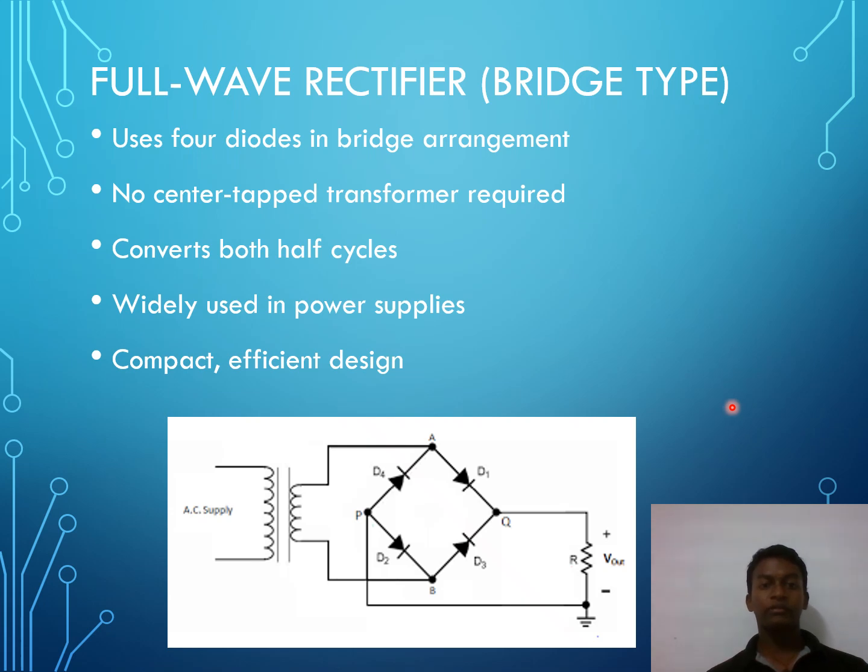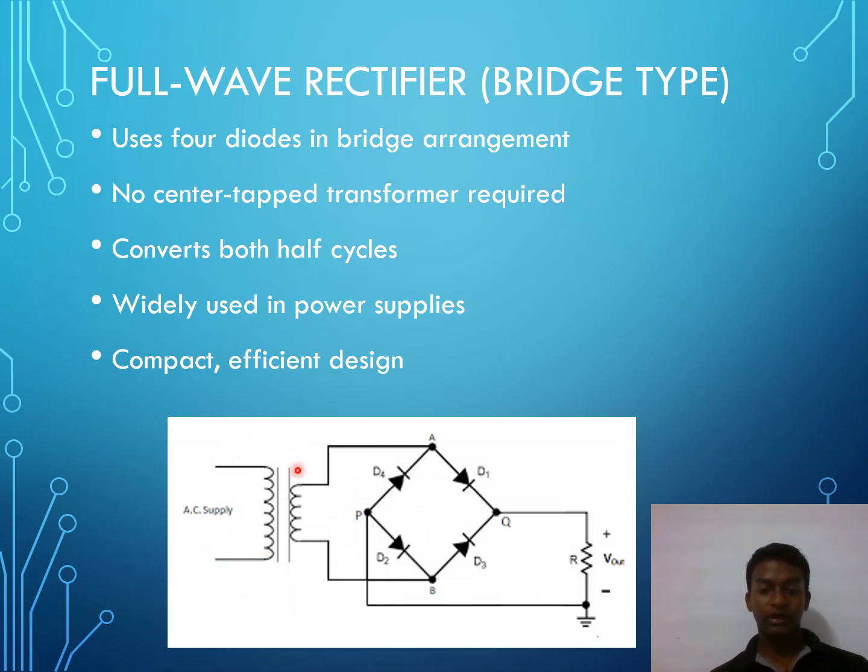Now we will be looking into the full wave rectifier, bridge type. The bridge rectifier is one of the most common rectifier circuits. It uses four diodes arranged in a bridge configuration. During the positive half cycle, two diodes conduct. We know the function of the transformer.